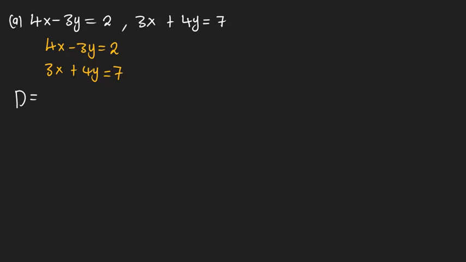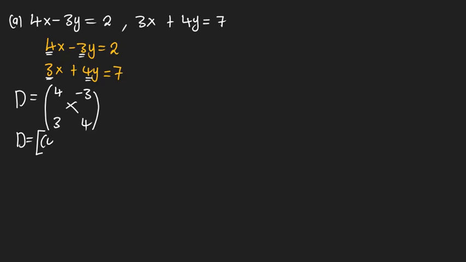How do you find your determinant? Simple. You are going to get the coefficients of these x, y values. You get your 4, you put it here, you get your 3, you put it here, you get your -3, you put it here, then you get your 4, you put it here. Then we find the determinant.